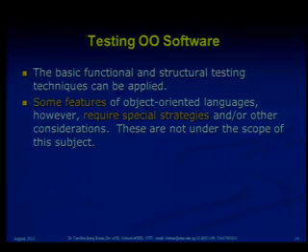But I would also like to highlight that some features of object-oriented languages cannot be sufficiently tested by the basic methods, so we need special methods to test them. Things like inheritance and polymorphism are difficult to test by basic methods. But we will not discuss those methods in this course.